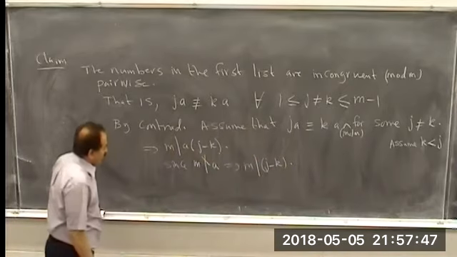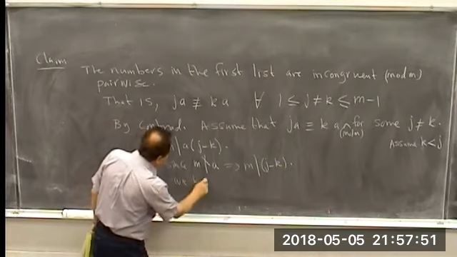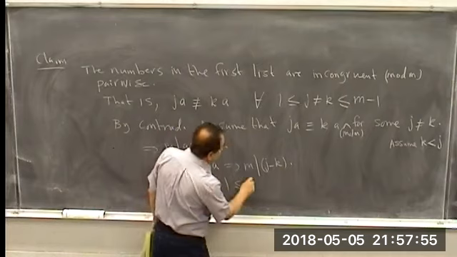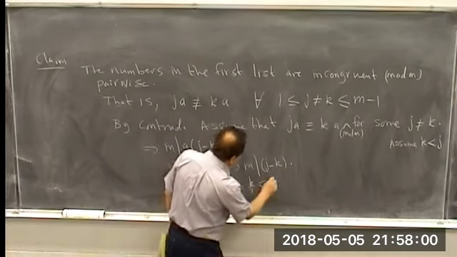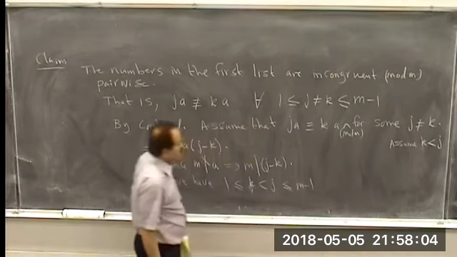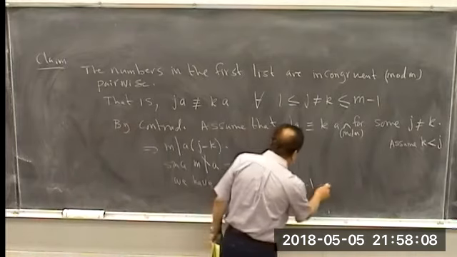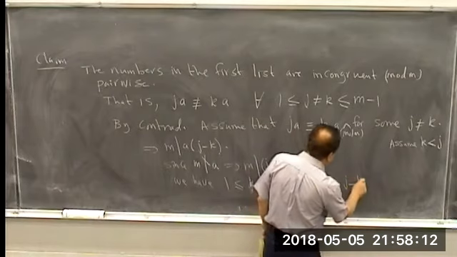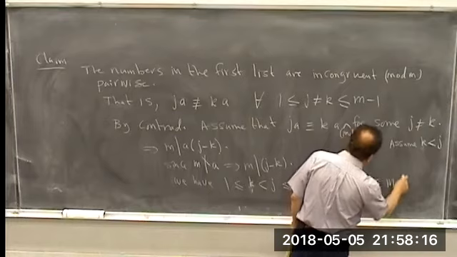But now what we have here is 1 less than or equal to k, the smaller one, less than j, less than or equal to m minus 1. So when I subtract, this implies that j minus k is going to be smaller than or equal to m minus 1 as well.